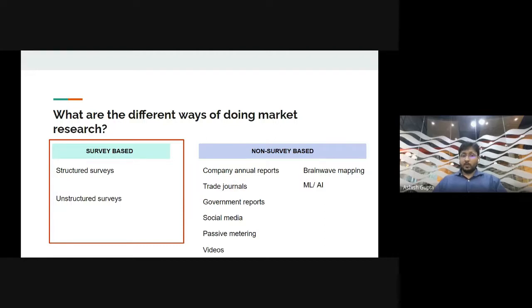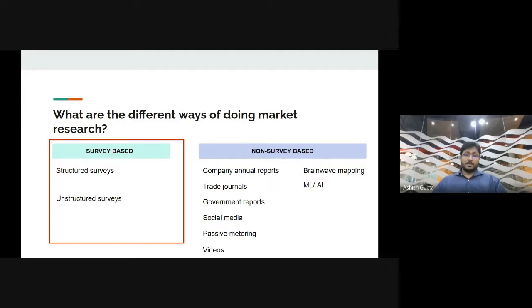And for those in UAE, of late you might have noticed that when you're trying to install certain apps, they always ask you, would you like the app to track what you're doing or not? That is basically passive metering, where they try to understand what you are browsing, what you're looking at, what web pages, for how long are you staying on it, what apps you're using. And this way you can really capture the what's around what people are doing. But then obviously, you need to understand the whys. And I'll come to that in a bit.